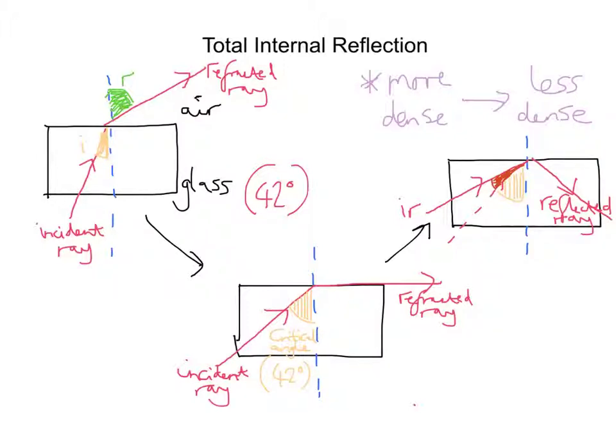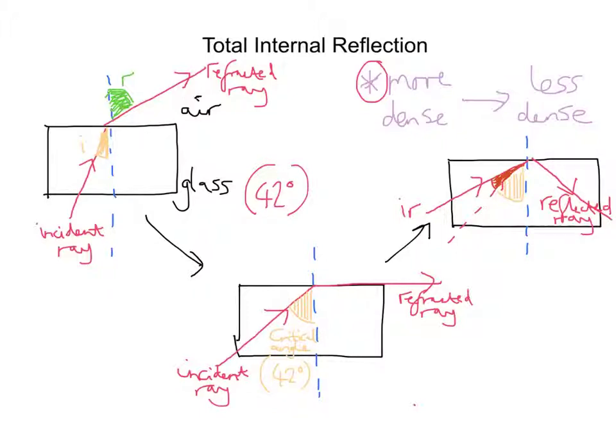Now, if we were to summarise this or think about it in terms of two key points, in order for total internal reflection to take place, the rays of light must, number one, travel from a dense medium to a less dense medium. So this point at the top, that's critical.